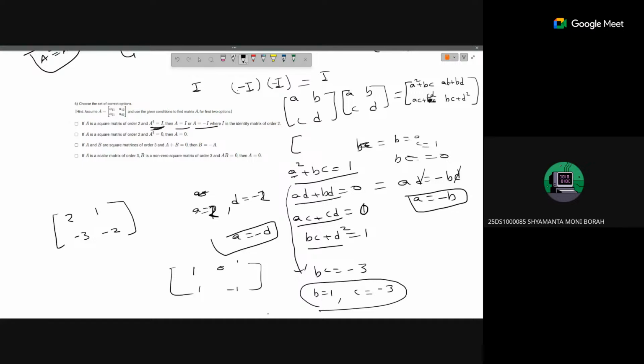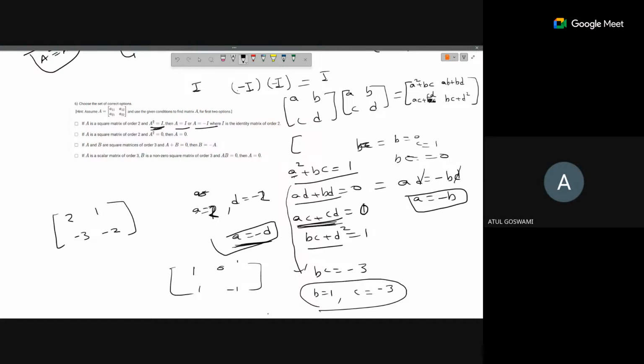Sir, while solving the equation, you see that A equals minus B and A equals minus D. I did not get this point. Why is A equal to minus B and A equal to minus D? This is coming from this equation. Where does this equation come from?